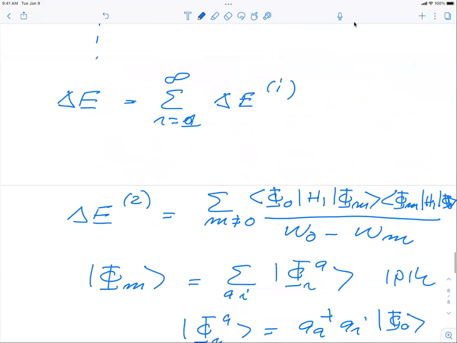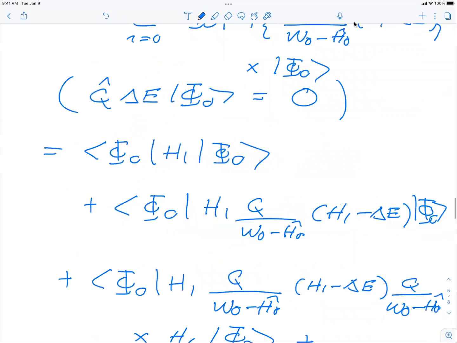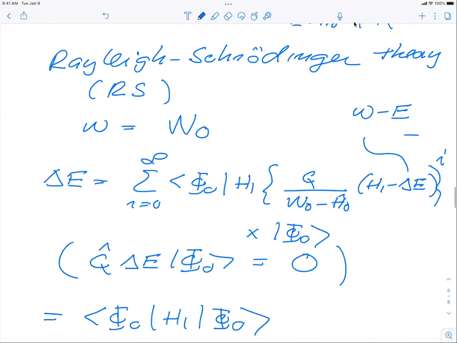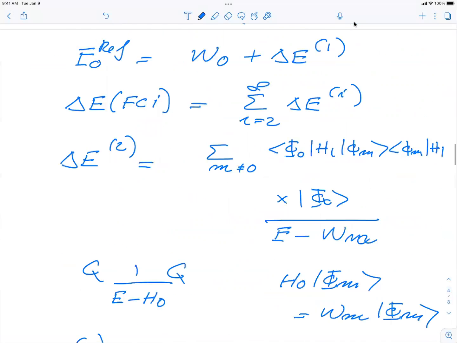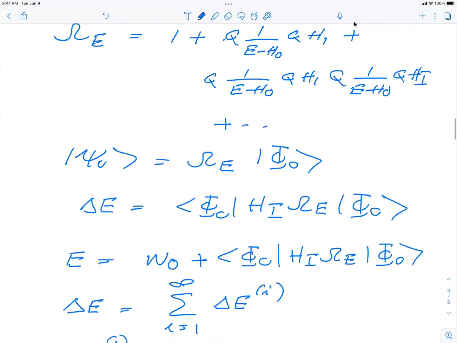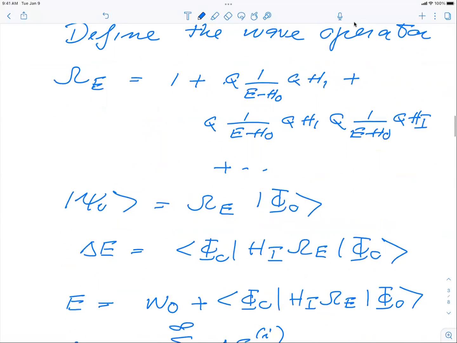So let me also mention that one before we move on. If you look at this wave operator, which we defined before the break, let me just bring it back here. If we multiply this wave operator with H_I, like we are setting up here, that defines your effective Hamiltonian.